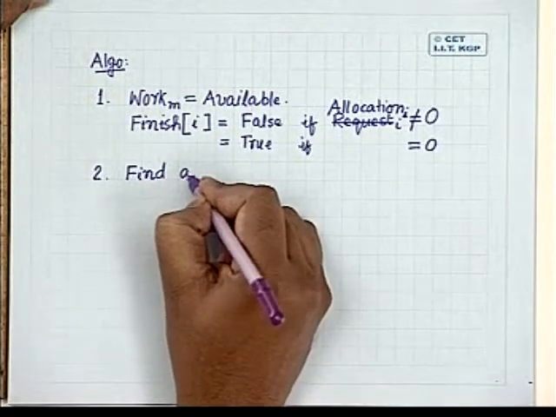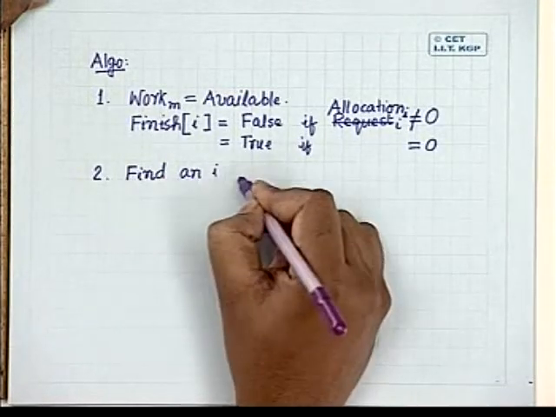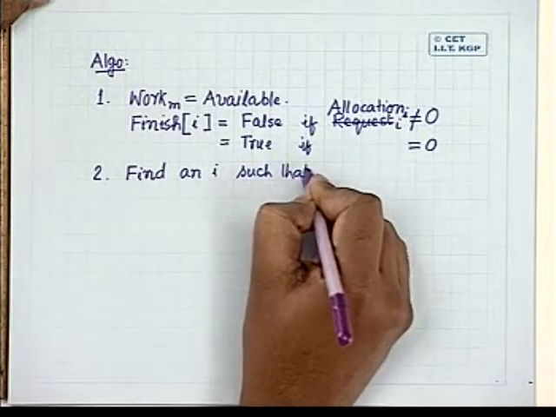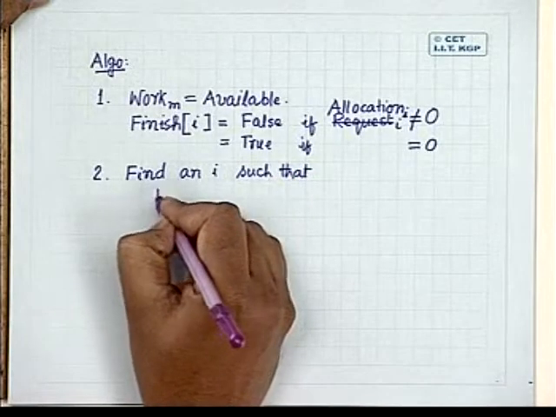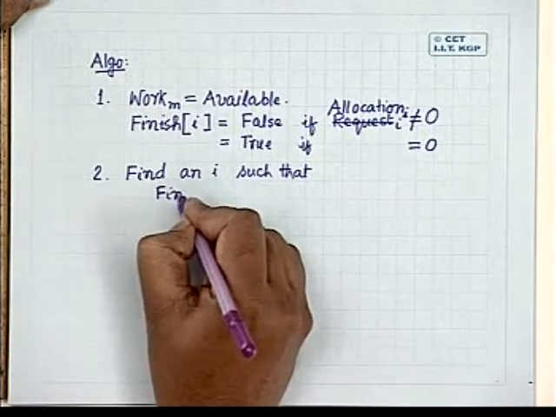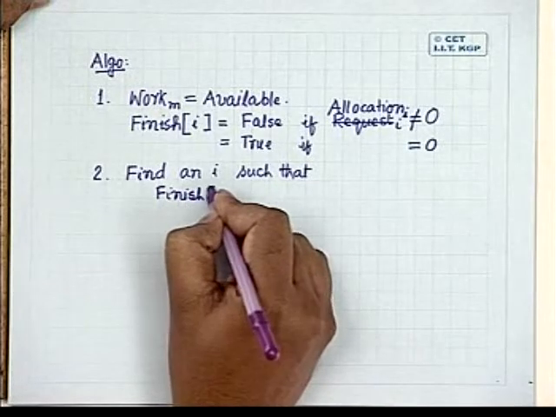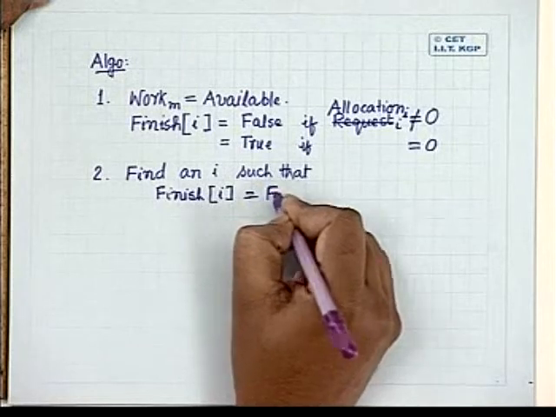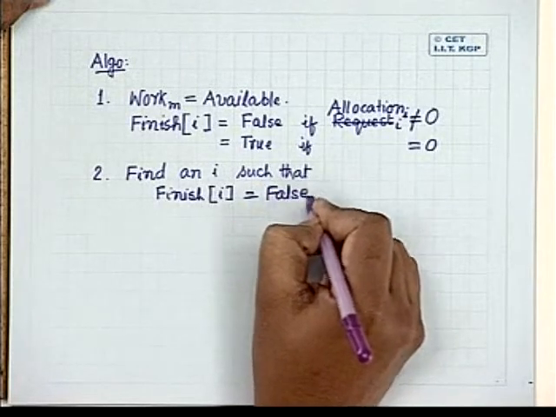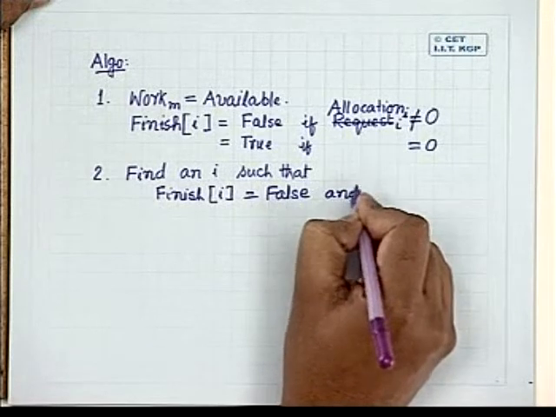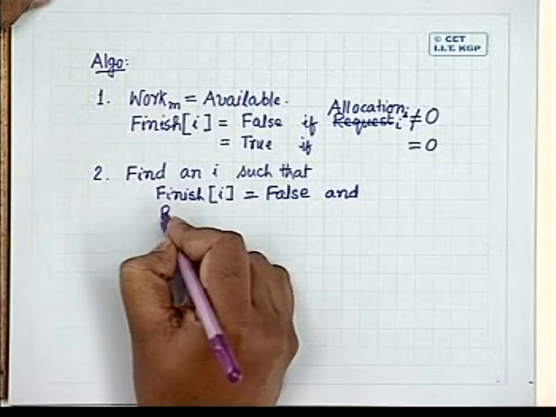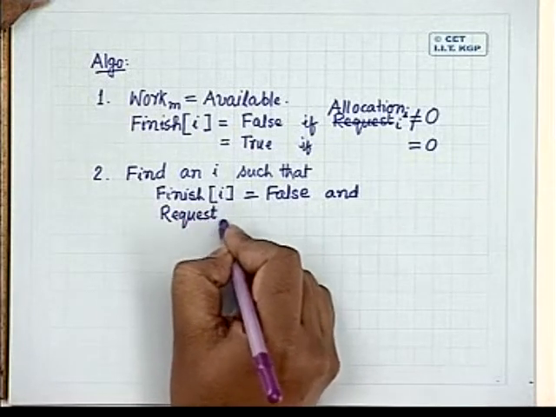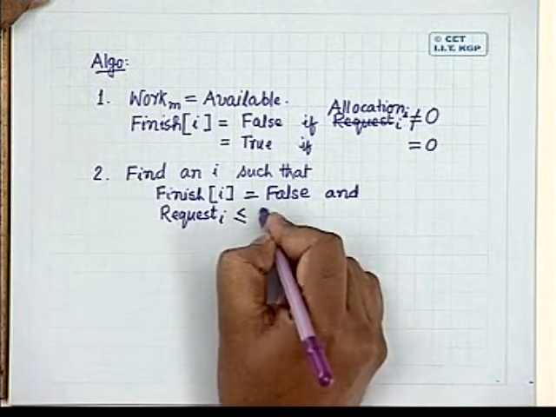So you find an i such that Finish[i] is equal to false and Request i, that is the request vector put by this ith process, is less than or equal to Work.